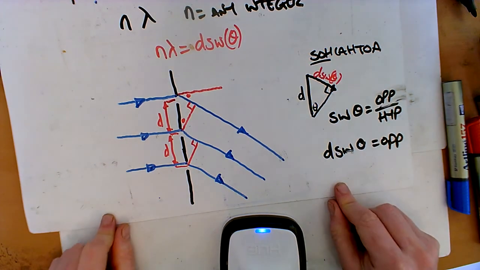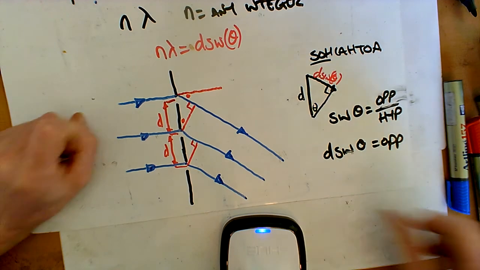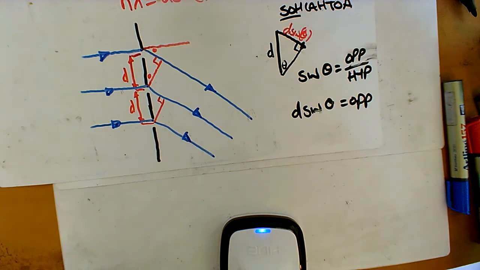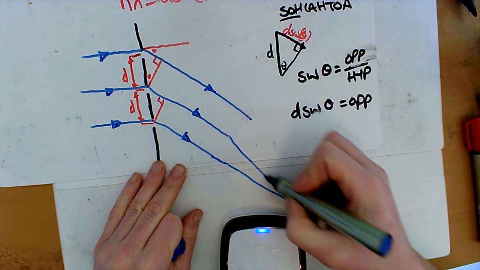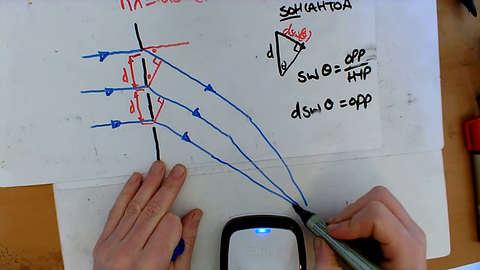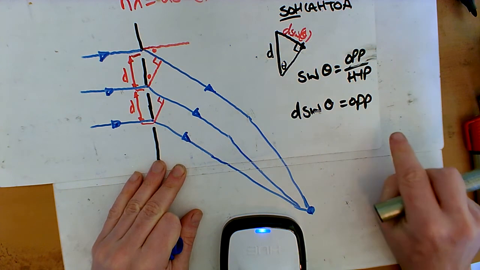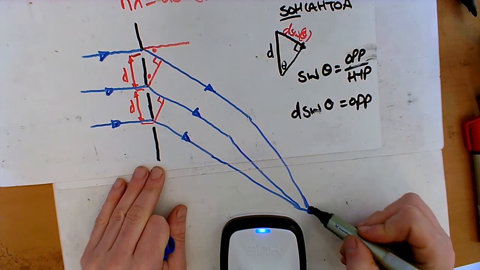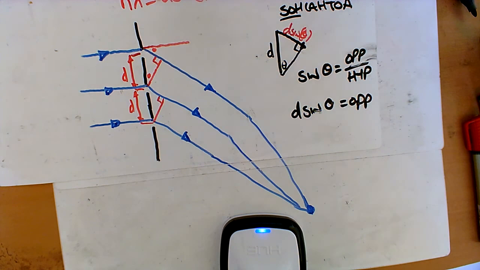Now, what do we know? If these lights come in and reach further out here, they're just going to keep going, and they're eventually going to join up at a spot on the wall. I know that's all crooked, but you get the idea. What condition do we need for constructive interference?